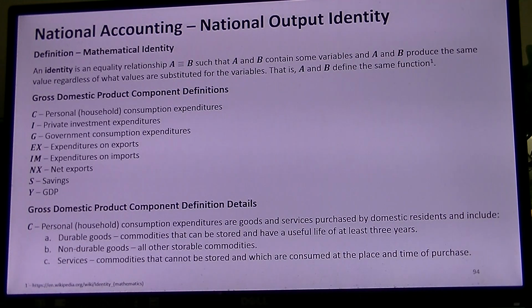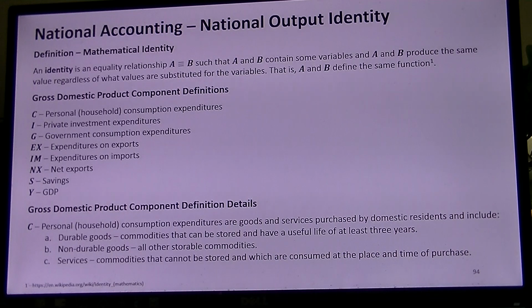So the gross domestic product components, that is, it's made of parts. And the major parts of the gross domestic product, GDP, are personal household consumption expenditures. That's C. Private investment expenditures. That's I. Government consumption expenditures.